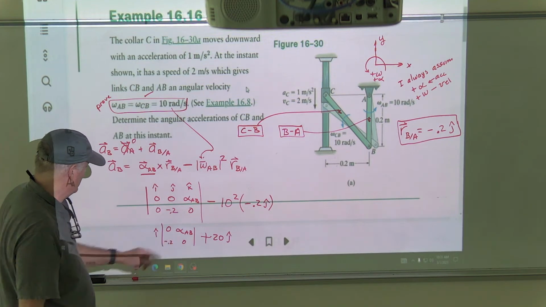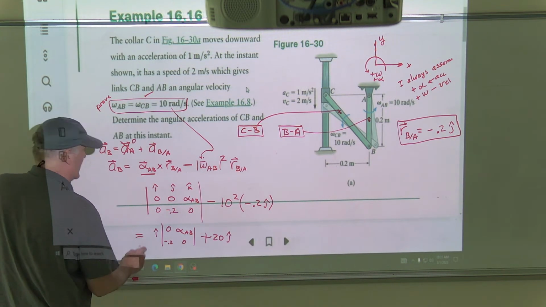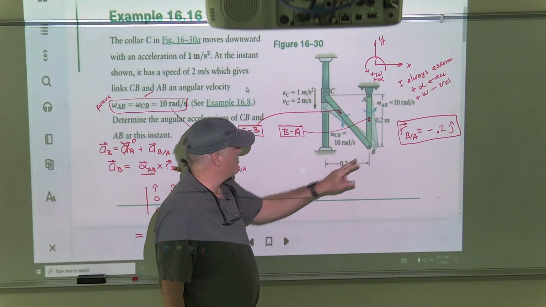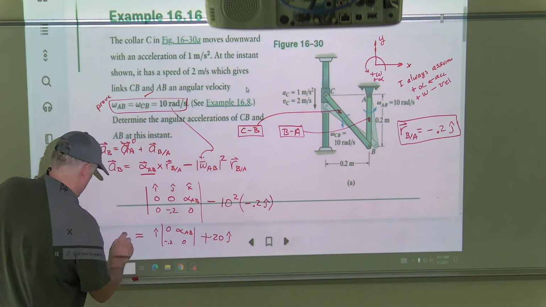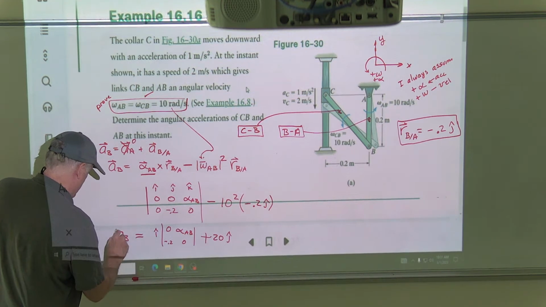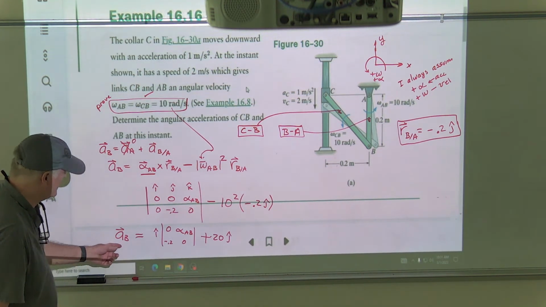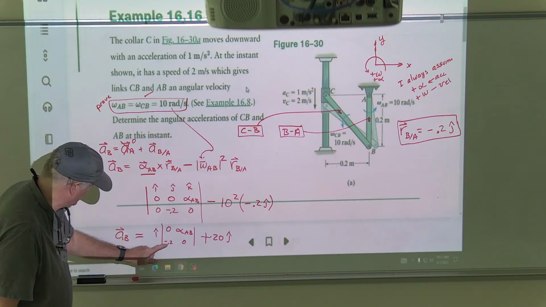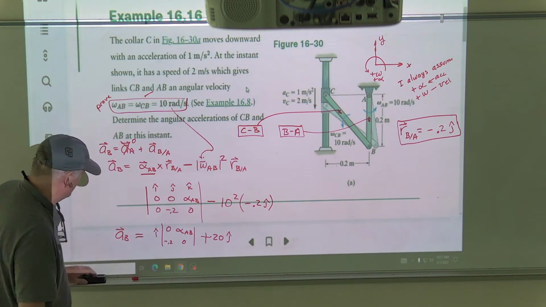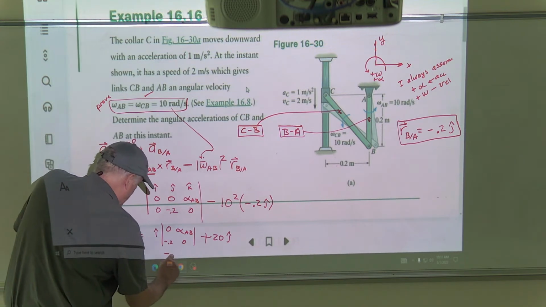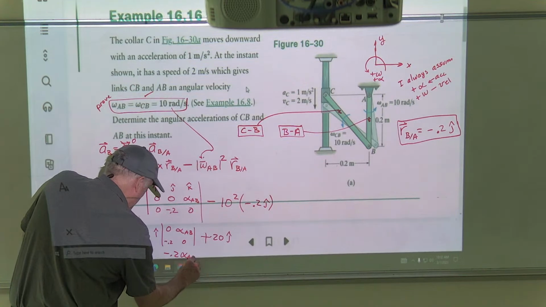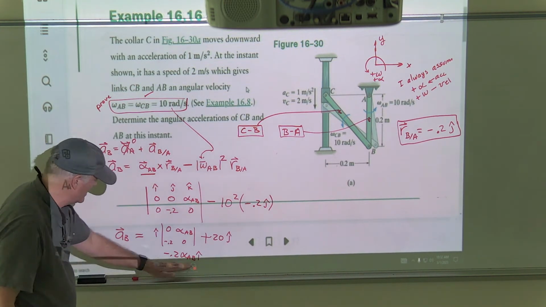This part I hadn't figured out yet, but okay, let me go back. And I'm just going to leave this as the acceleration of B for the moment, and just going to leave it in that term. And now I'm going to do this. This times this gives you 0. A minus that times that gives you minus 0.2 alpha AB and an I right here. So that's all you get there.